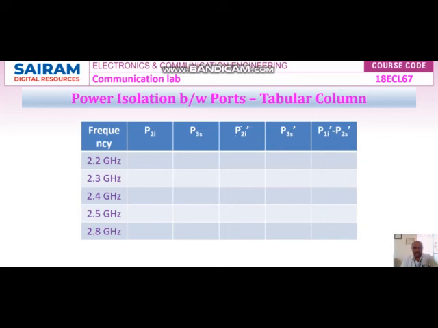This P2 dash is the actual power. We can find out this actual power using the calibration graph. Understood? Then the difference of P2I dash minus P3S dash gives the isolation loss between port number 2 and port number 3. So thank you for watching this video.